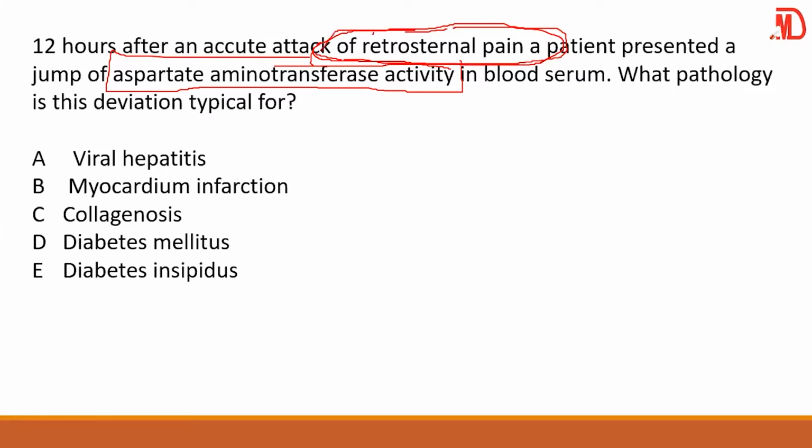That's why you can easily say this is myocardial infarction instead of viral hepatitis, because of the pain. Aspartate is not exclusive for the heart, however LDH1 is exclusive for the heart. All right, so here I'm thinking of B.